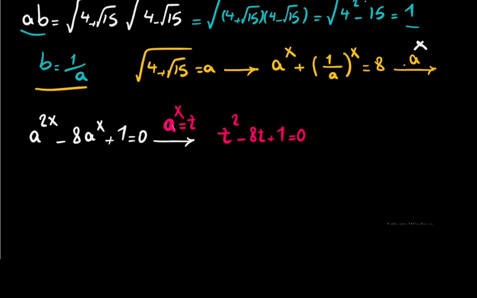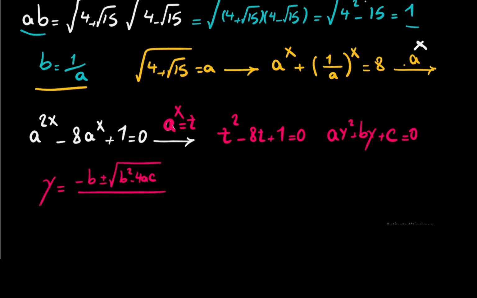In one of my videos, I told you that if you have, for example, a y squared plus b y plus c, that's equal to 0, then you can calculate y from this really nice formula: negative b, positive and negative square root of b squared minus 4 times a times c, divided by 2a, and I proved why that's correct.